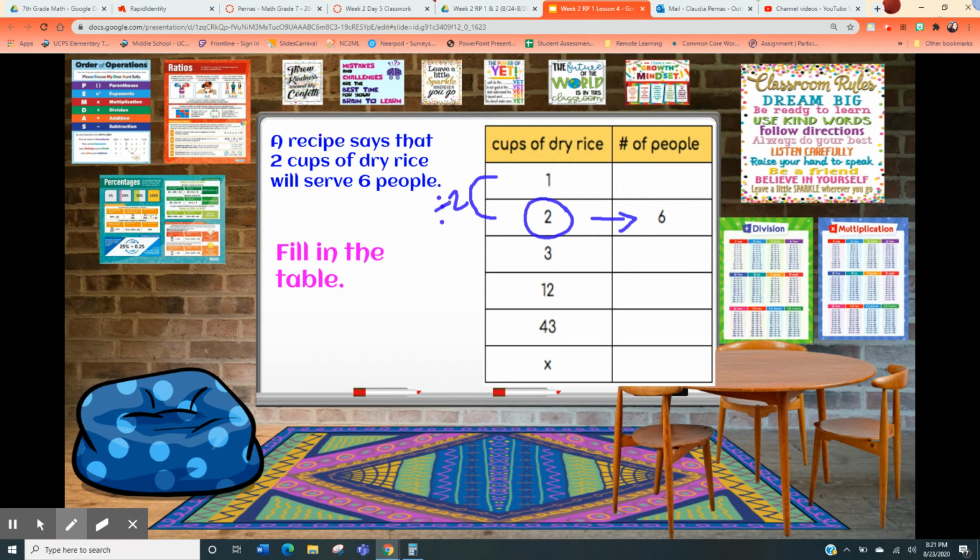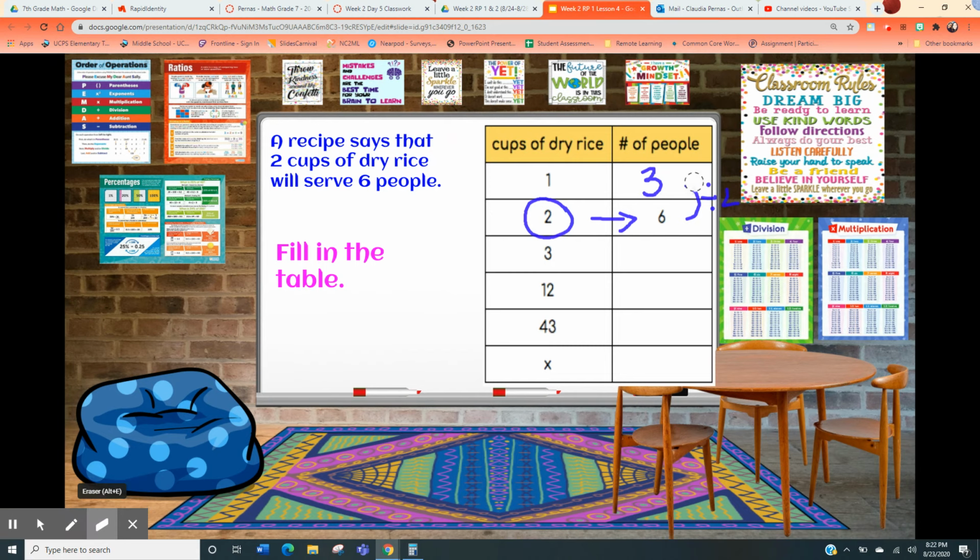So 2 divided by 2 gives me 1. Remember, whatever we do on one side, we're going to do on the other. So 6 divided by 2 will give me 3. So now I know that for every 1 cup of dry rice, 3 people will get to eat.